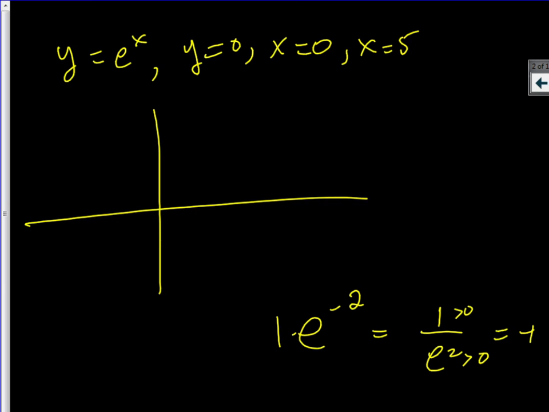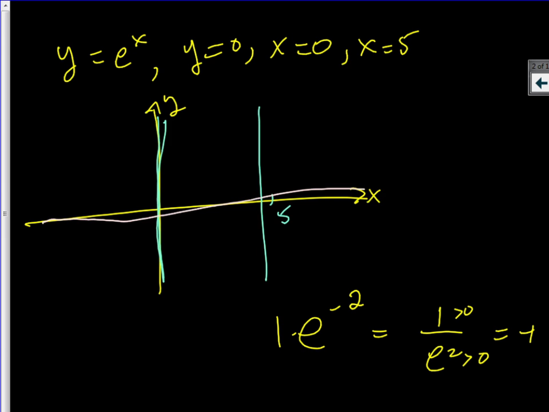So, let me just label these y and x. The line x equals 0 is this line, and x equals 5 is that line. I'm a little bit to the left of where I meant to be, but that is what it is. And y equals 0 is this line right here.